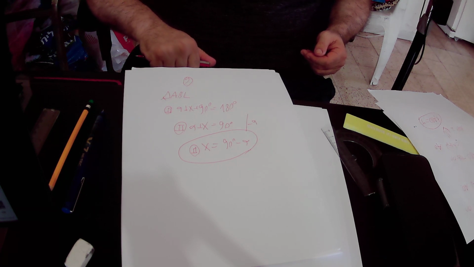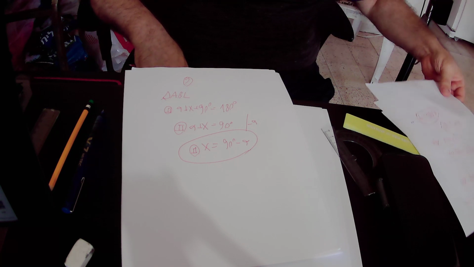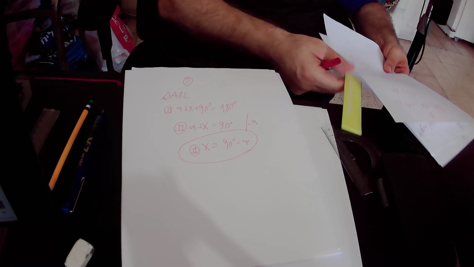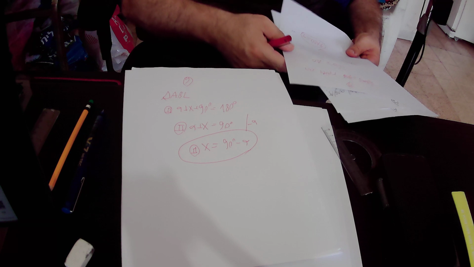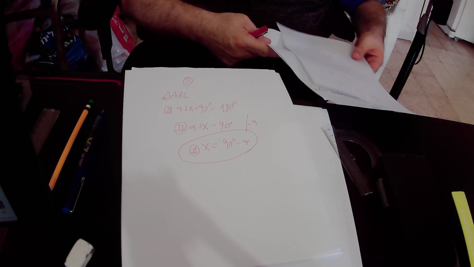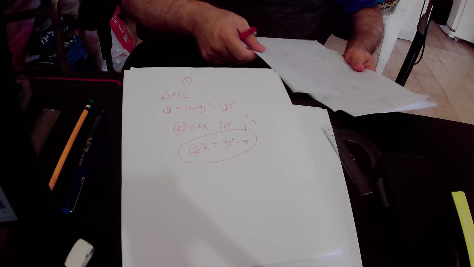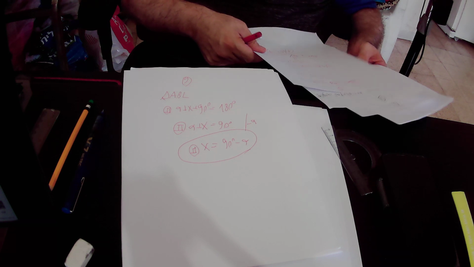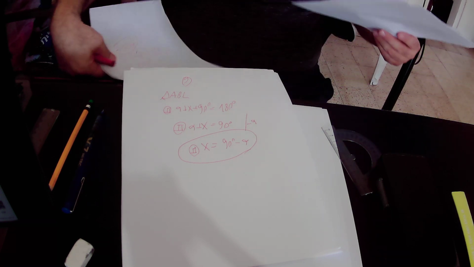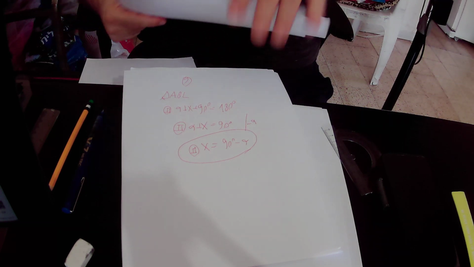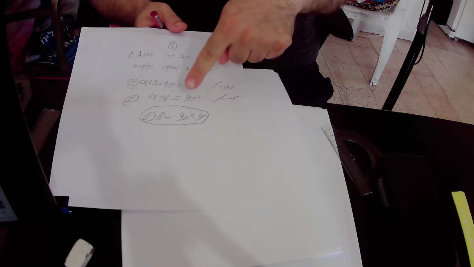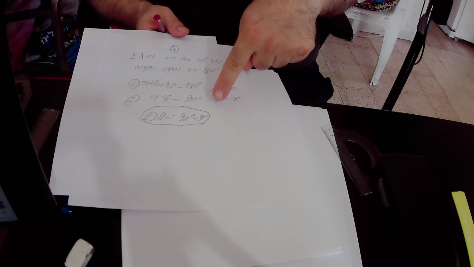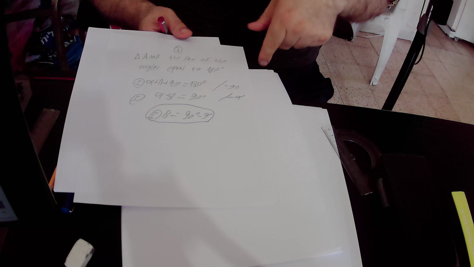But from equation number 1, we know that beta also equals 90 degrees minus alpha.